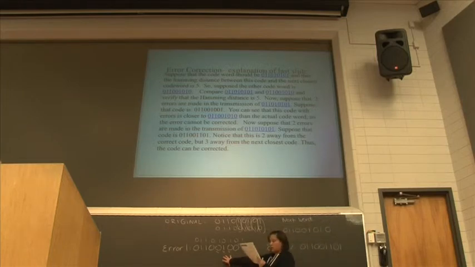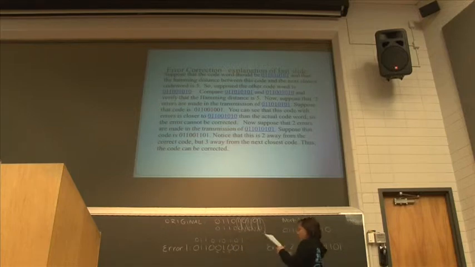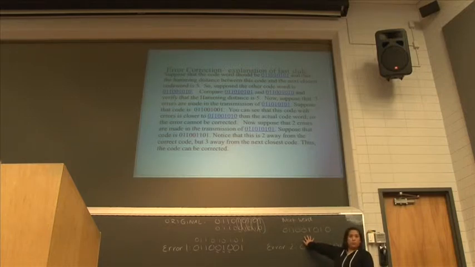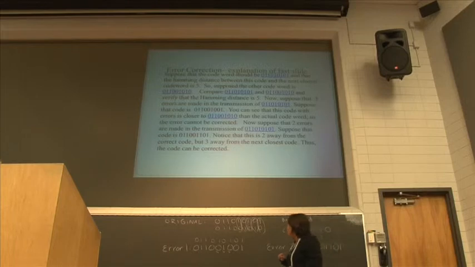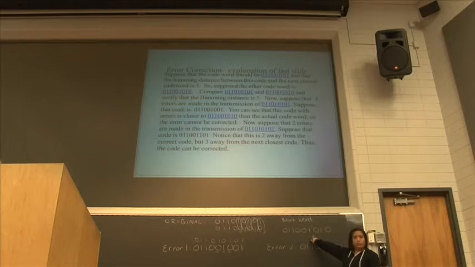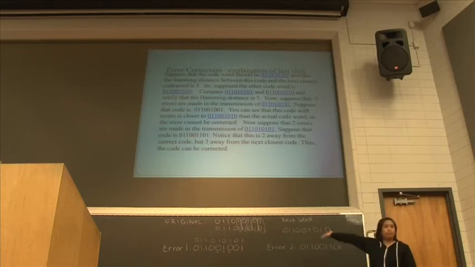That means this word is closer to this one. So the next word in line is the nearest neighbor. That's what's going on here. Since you have 3 errors here, it defaults to the next closest word.